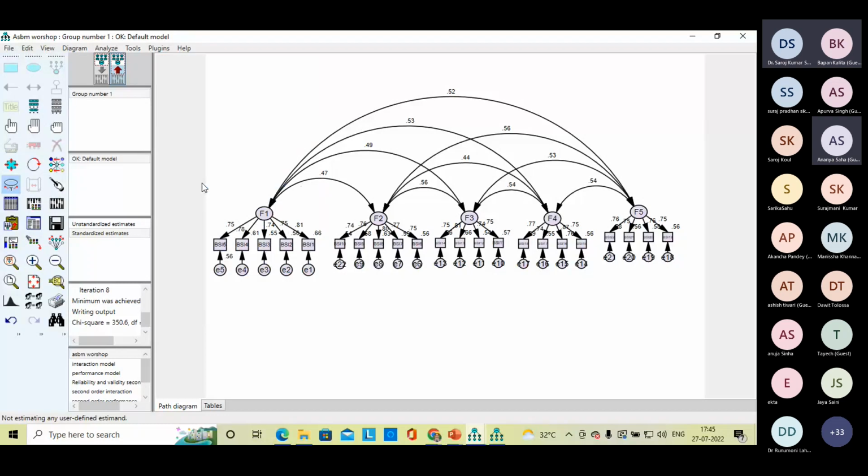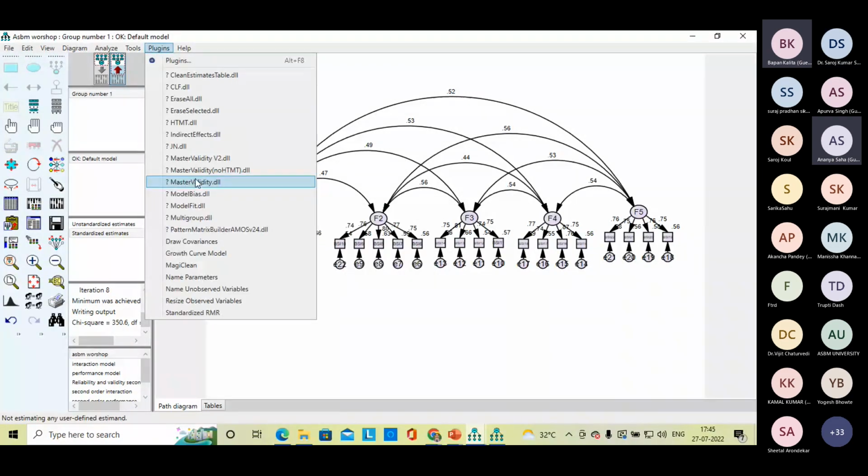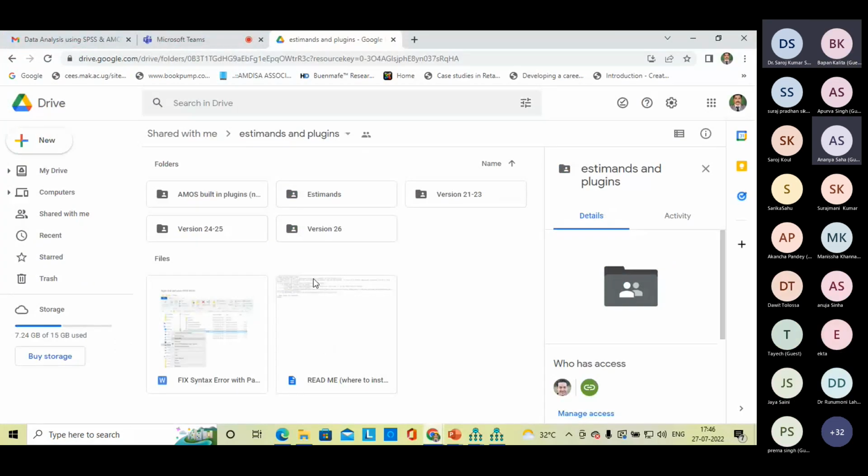So automatically it will show me. Okay. So go to the plugin. Have you downloaded version 26? Anybody?